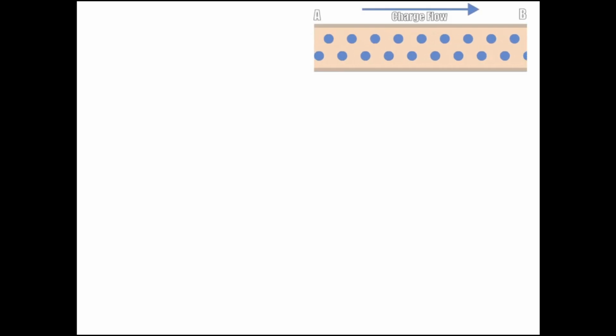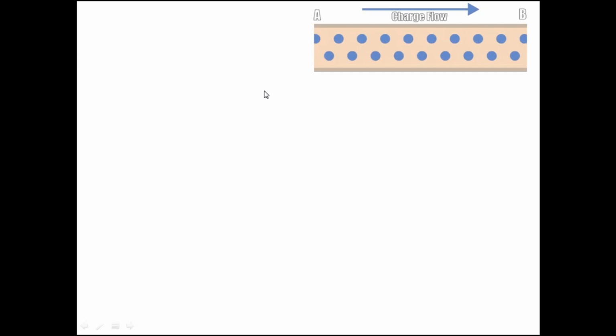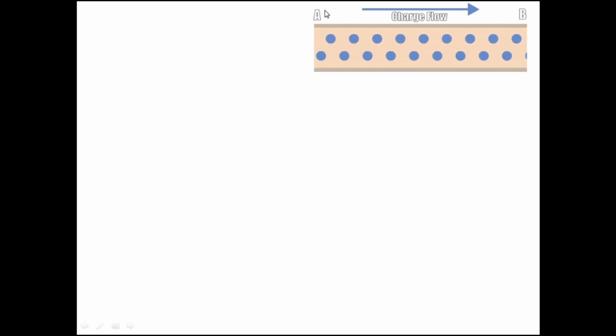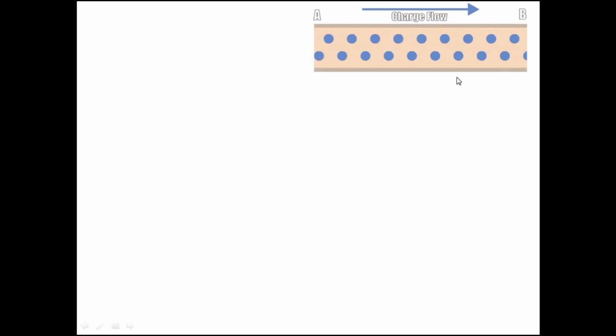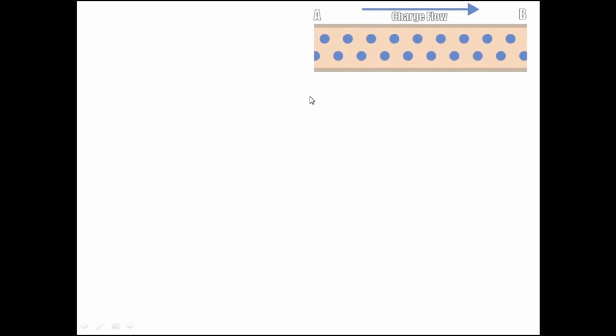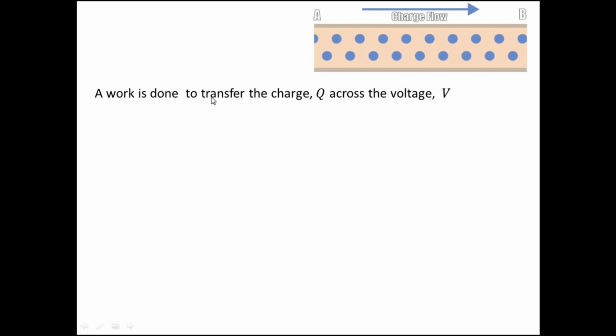And next, we defined the current as the charge flow. The charge is transferred from A to B because of a potential difference. The energy to create this potential difference is provided by the EMF. So in order to transfer Q amount of charge from A to B, obviously work will be done.